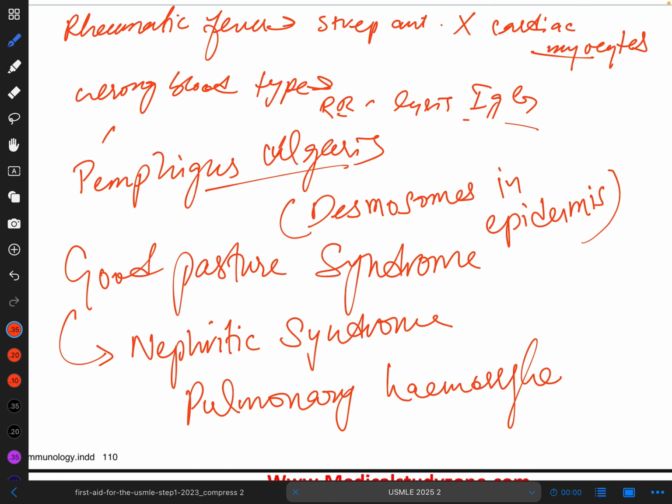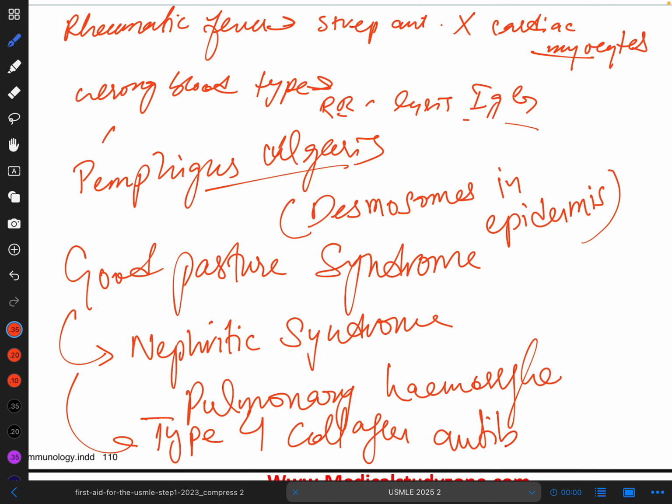Goodpasture syndrome includes nephritic syndrome, pulmonary hemorrhage, and antibodies against type 4 collagen.